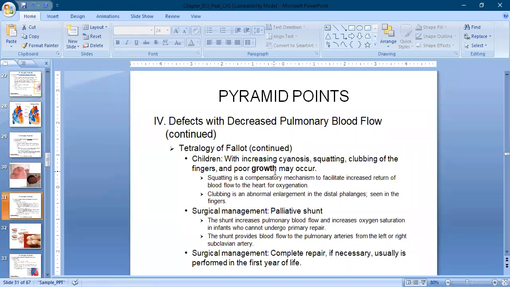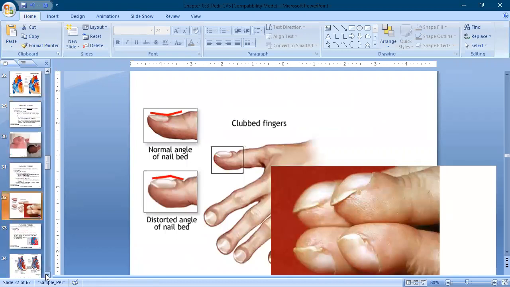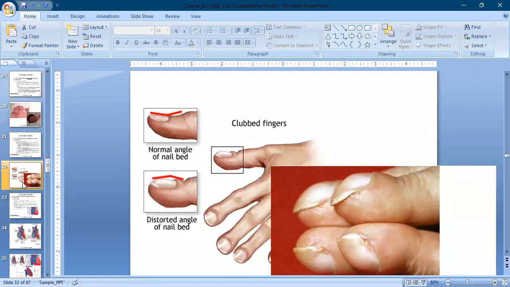So the treatment option is surgical correction, complete repair, usually performed in the first year of life. Also, Tetralogy of Fallot has a common sign of finger clubbing. Usually the fingernail is concave, but in this condition the fingernails are convex outward, right? This is called clubbing.